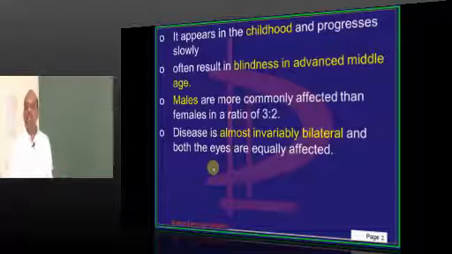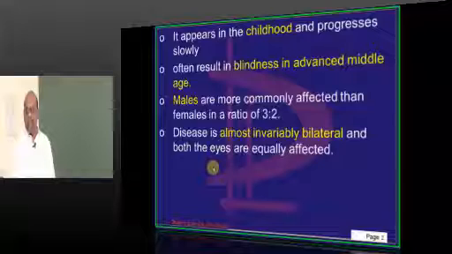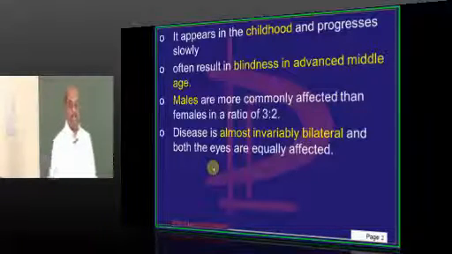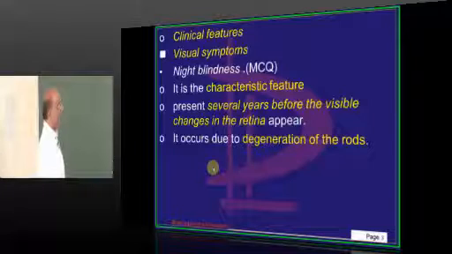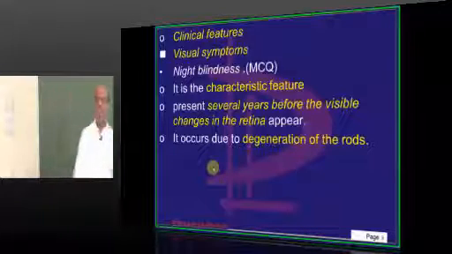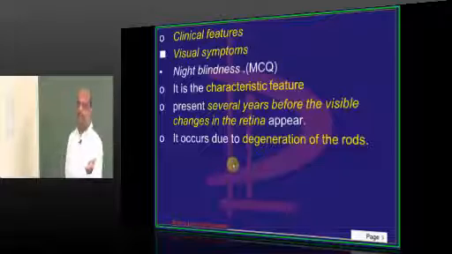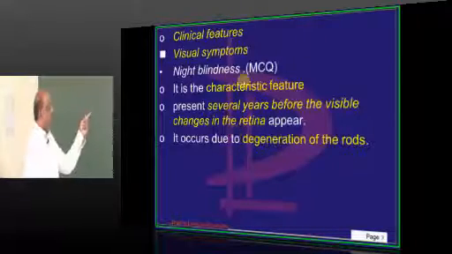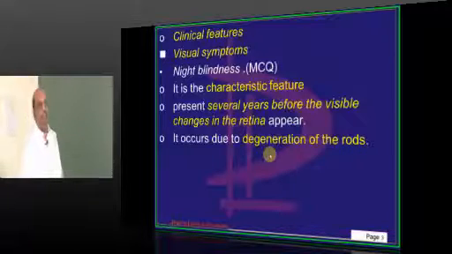Both the eyes are equally affected with retinitis pigmentosa, which is a primary pigmentary retinal dystrophy. When the rods are affected, which kind of vision is affected, doctor? Naturally, night blindness. So night blindness is a very characteristic feature.